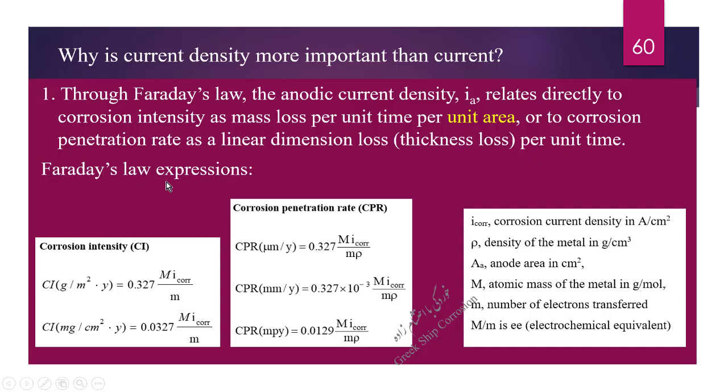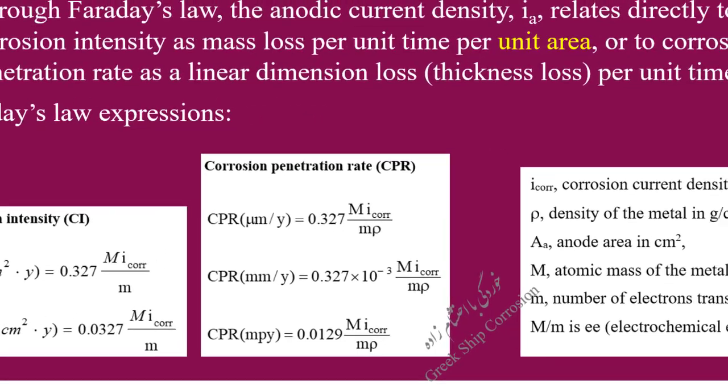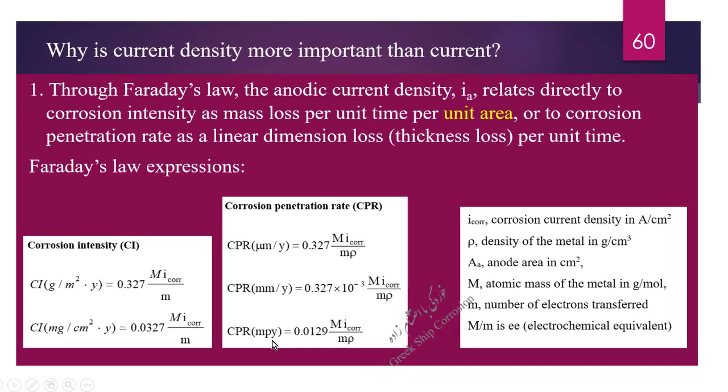Faraday's law expressions: corrosion intensity in terms of gram per square meter per year and in terms of milligram per square centimeter per year. Corrosion penetration rate CPR in terms of micrometer per year, millimeter per year, and milli-inch per year.